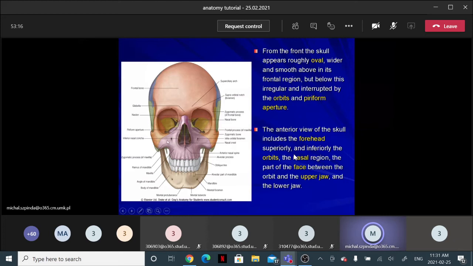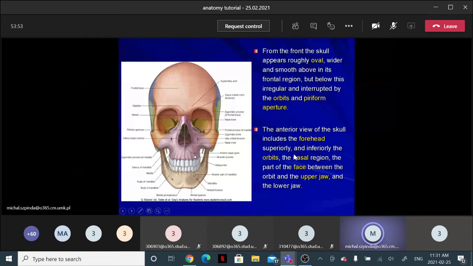Another process joins the zygomatic body, so it's called zygomatic process. And the inferior one, alveolar process. Alveoli are conspicuous here due to their alveolar juga.